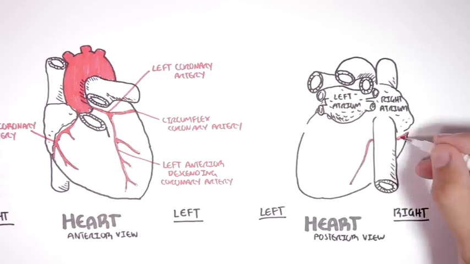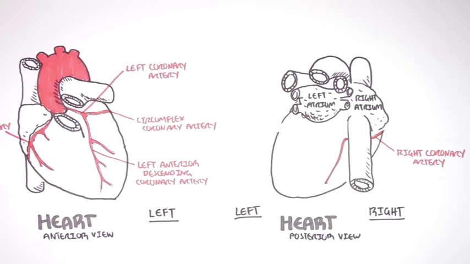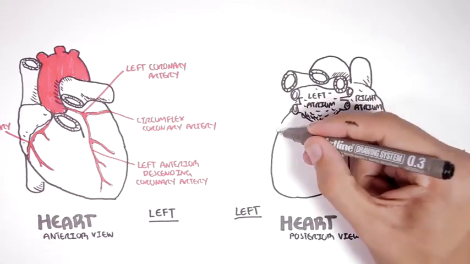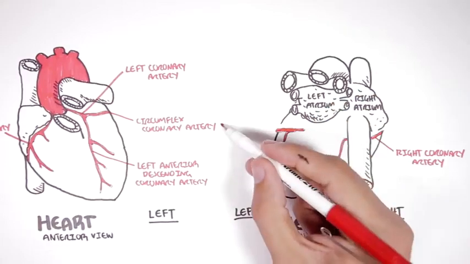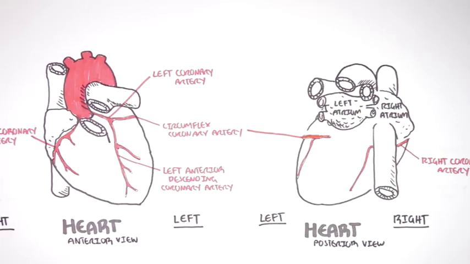This is part of the right coronary artery, the posterior descending artery that wraps around to the back here and supplies the right ventricle and the right atrium with blood. On the left side here is the circumflex artery, which I mentioned, that wraps around and supplies the left atrium with freshly oxygenated blood. Wherever there are arteries, there will always be veins.